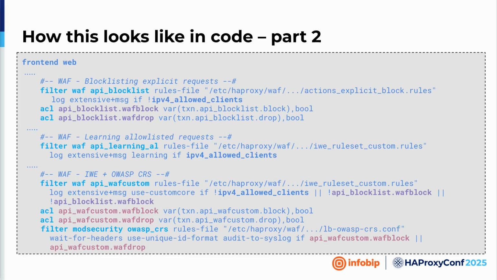In the next slide, you can see the definition of those 3 WAF instances. The API block list and learning are advanced WAF instances. Here you can see the ACL for IPv4 allowed clients, and in the end we have the definition for our intelligent WAF. This is advanced WAF with ModSec.